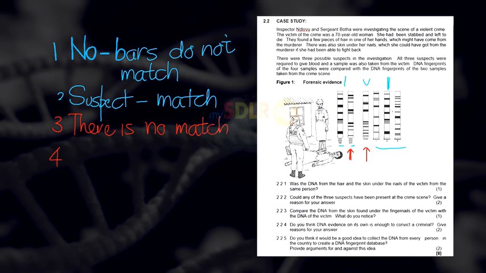What would be my reasoning? Well, put in another way, someone could have planted this DNA sample at the scene, and thus frame suspect 2. The answer to this question, do you think DNA evidence on its own is enough? No, and the reason for this is that the DNA could be planted at the scene, and this would then frame a certain person.